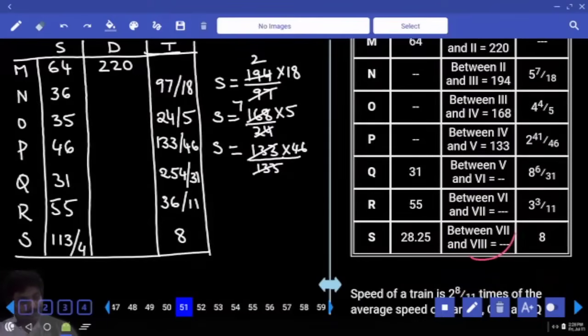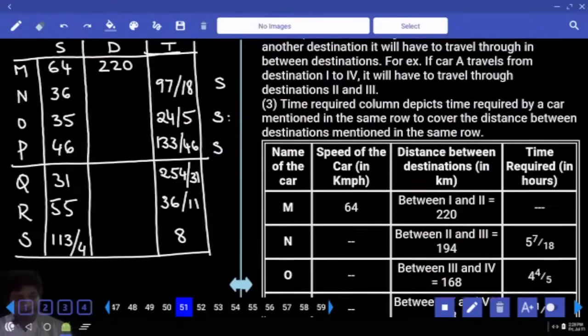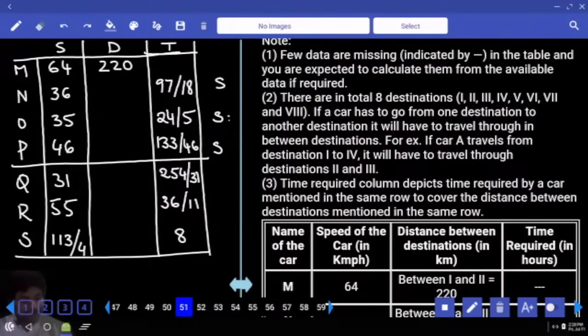Now, for the last three, we don't know distance. Till here, what I would like to calculate is cumulative distance. Because in your data, your second point says if you want to travel from one place to another place, you have to connect respective places in between those two. Correct?